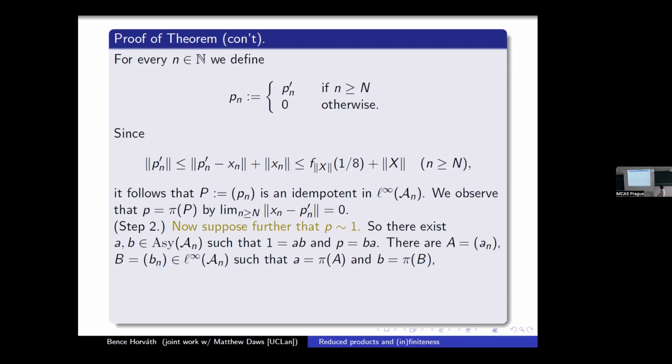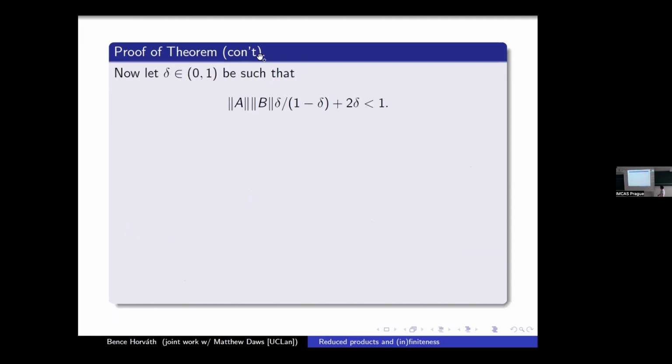Then you represent these small a and small b with sequences, and you write out what these things mean. They mean exactly this. Then choose a sufficiently small delta, depending on the norms of the representatives A and B. It's not particularly important, but this delta is of course less than 1.